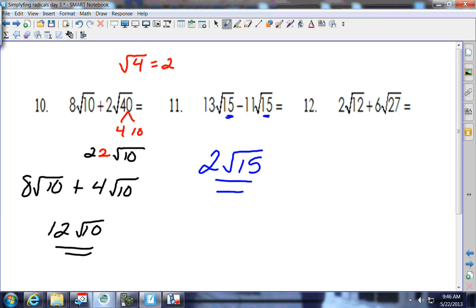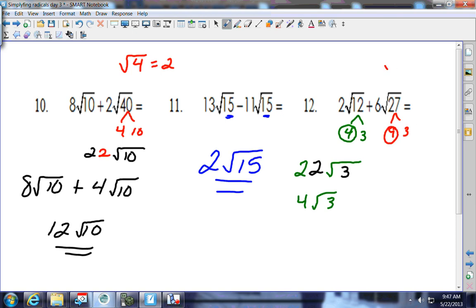Now, number 12. The square root of 12 is not in simplest form. If I break it up, I've got 4 and 3. Right? Perfect square right here. So I get 2 square root of, well, the square root of 4 is 2. That goes out there. The 3 gets left behind. 2 times 2 is 4 square root of 3. That's what it reduces to. Now we need to reduce this one. 27 breaks up as 9 times 3.